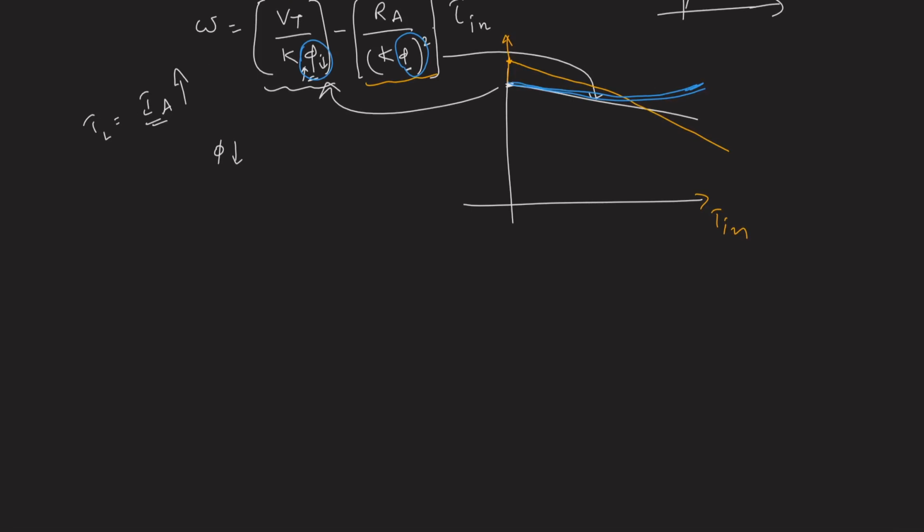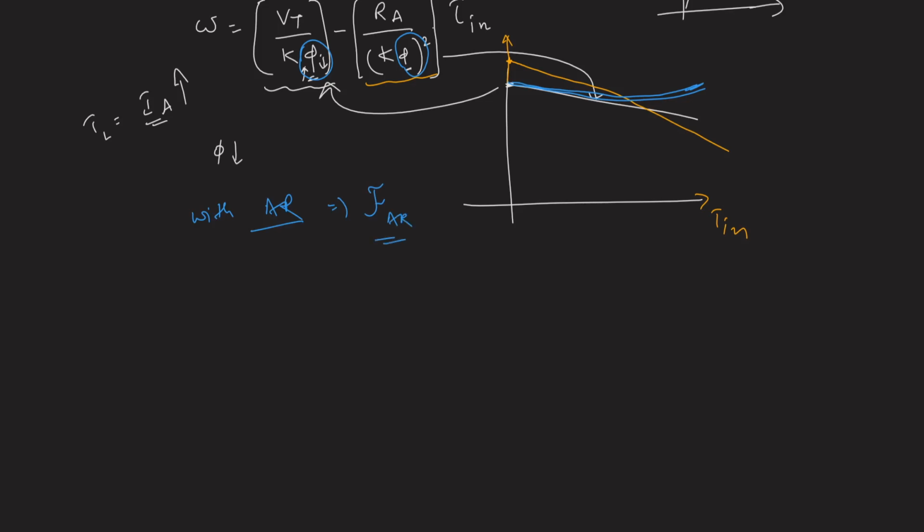Now if I want non-linear characteristics with the armature reaction, we have a field MMF equivalent of armature reaction.